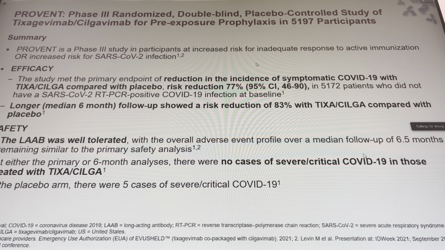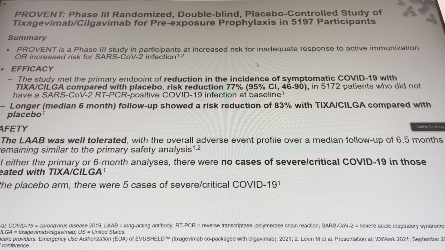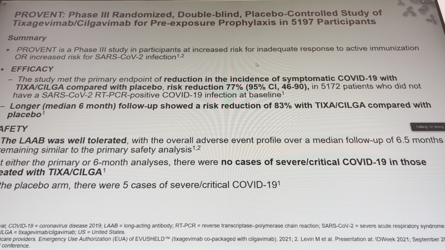And so really, the summary is that in patients at increased risk for inadequate response or increased risk for SARS-CoV-2 infection, the study actually met the primary endpoint at reducing the incidence of symptomatic COVID-19 infection at 77% compared to the placebo group.